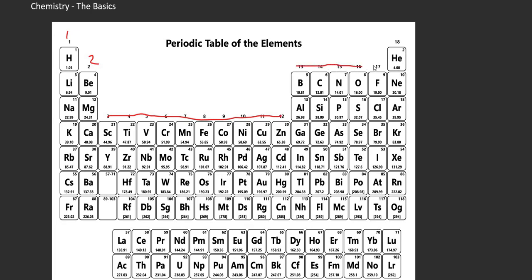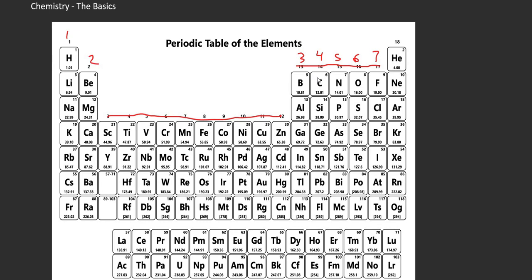You can ignore this for the most part, because it's far more likely you'll hear these referred to as 3A, 4A, 5A, 6A, 7A, and this is 8A, but you don't normally refer to the noble gases that much. So this is typically how you hear groups referred to.